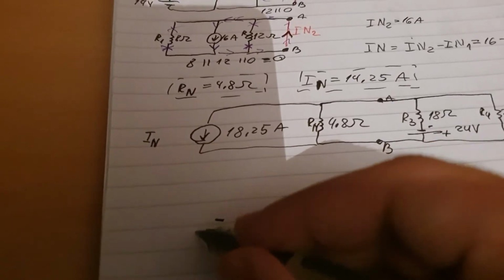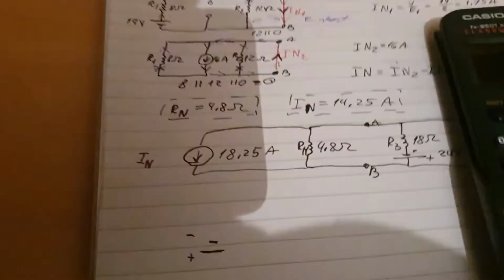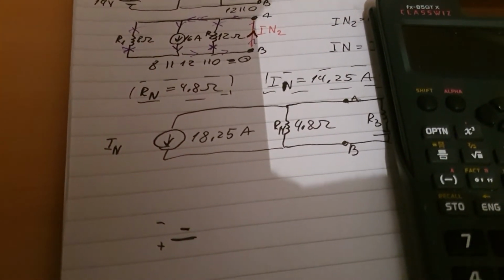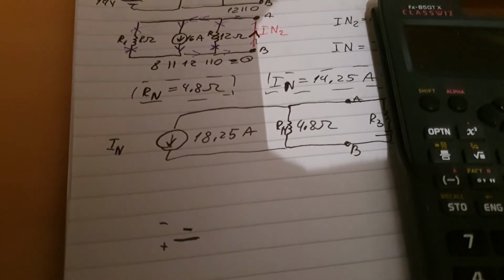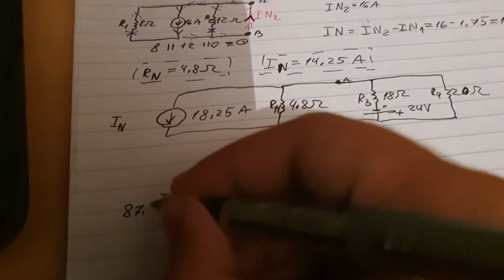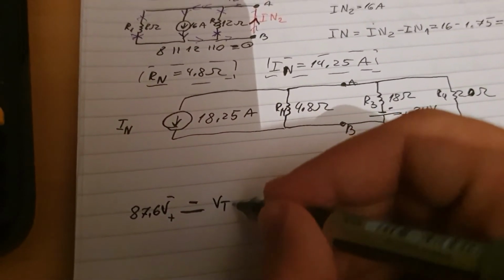We can simply do this plus minus, and then let me do it on the calculator because I didn't have this one prepared. 18.25 times 4.8, so that would be 87.6. So 87.6 V, that would be VTH.